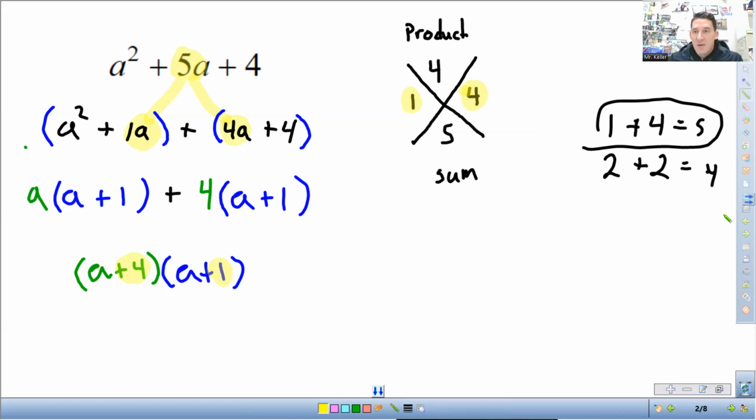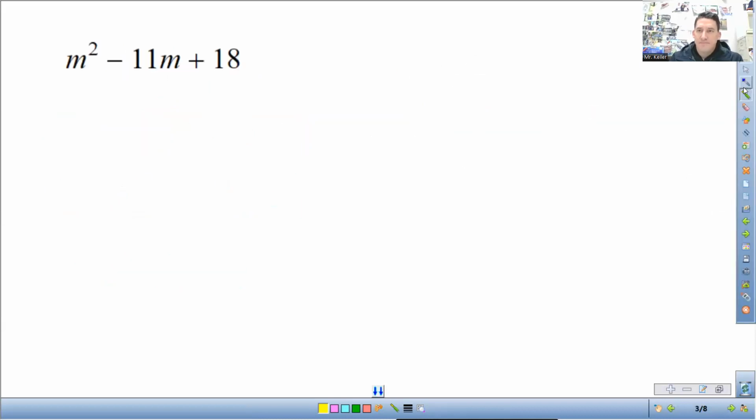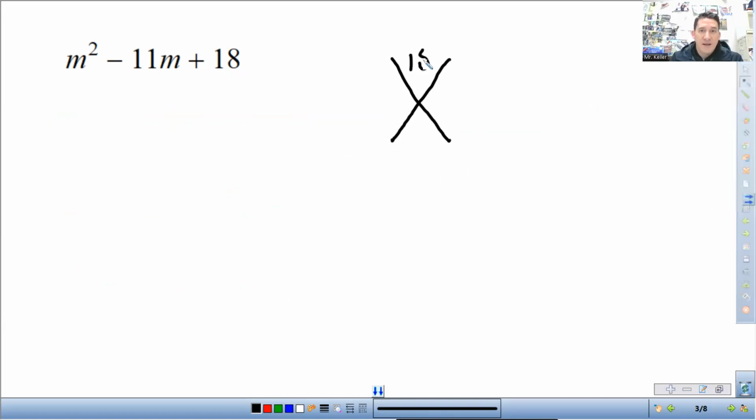So let's do another example. Product on top, 18, negative 11 on bottom. So what are factors of 18 that add to negative 11?